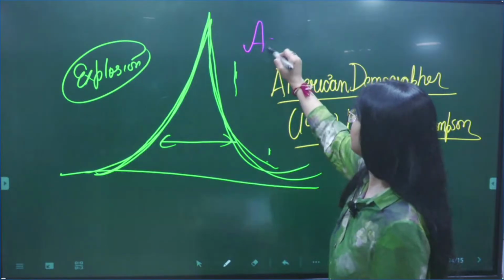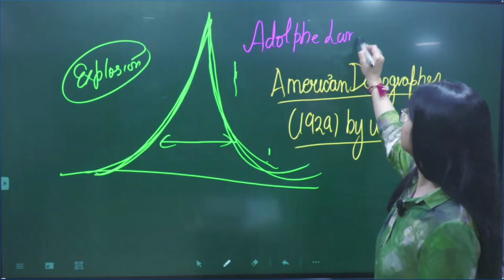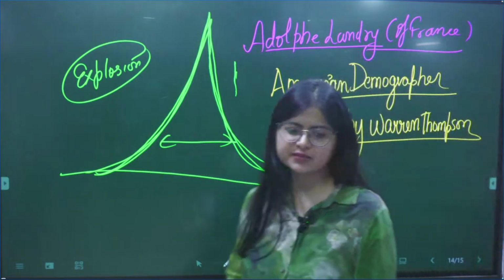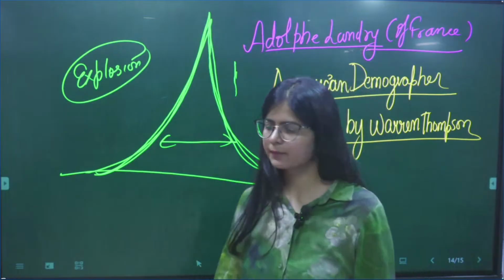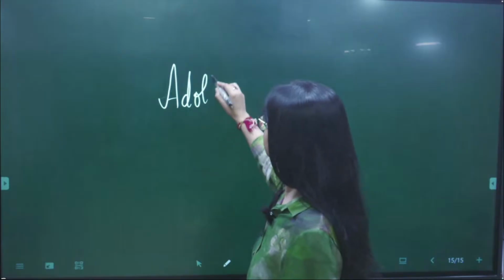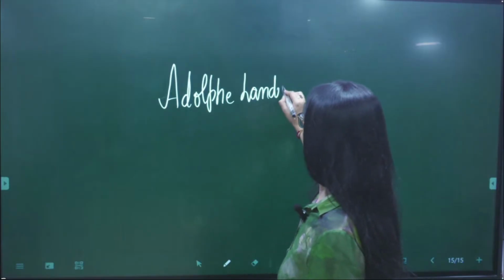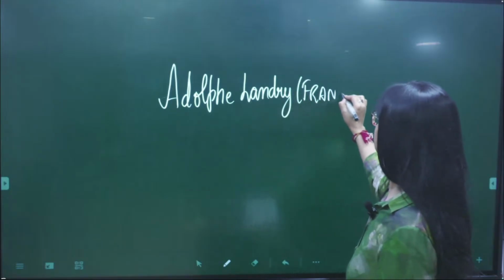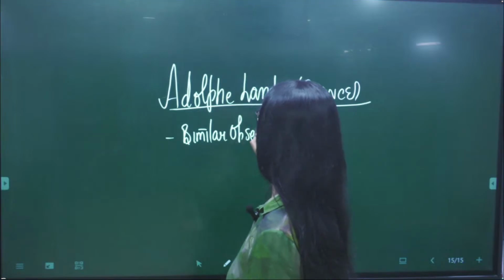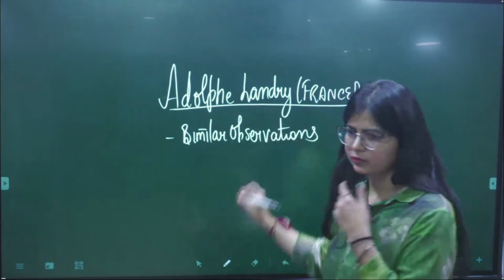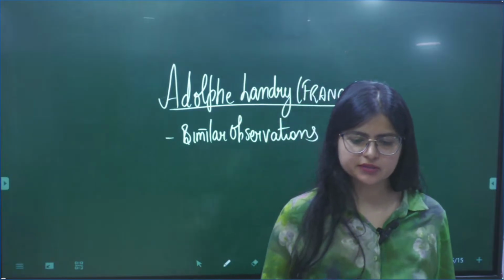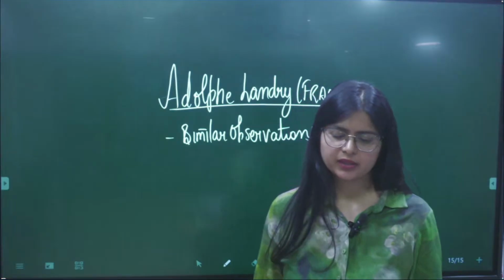Adolphe Landry of France made similar observations on demographic patterns and population growth in 1934.